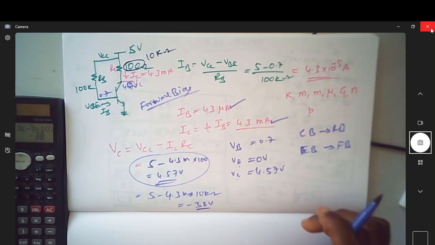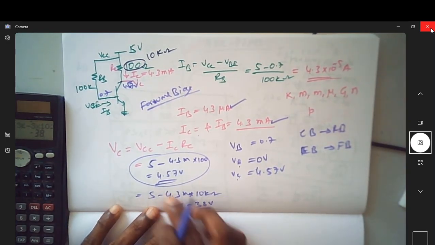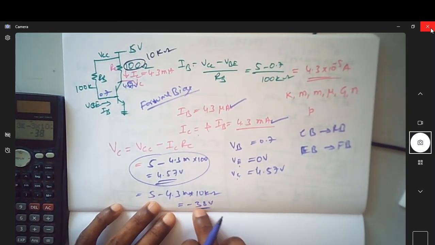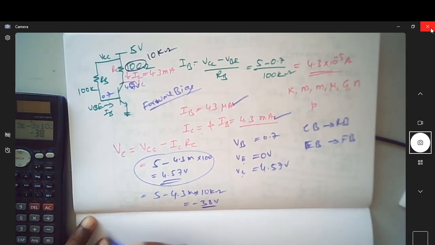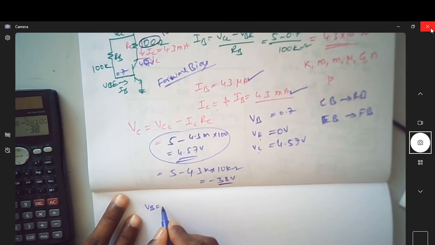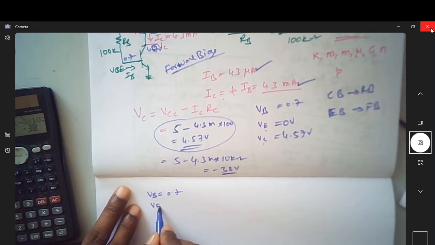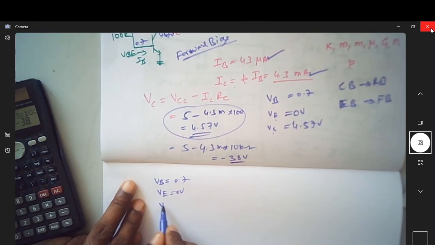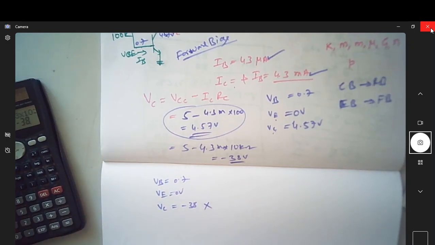Okay, why something like this? Suppose I ask you to write it, you will simply write that as per the equation this is minus 38. Now you cannot conclude, because what is the voltage at base? Voltage at base you assume as 0.7, voltage at emitter is 0 volt, voltage at collector is minus 38 volt, which is something you never thought of.